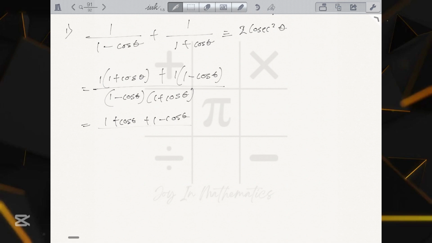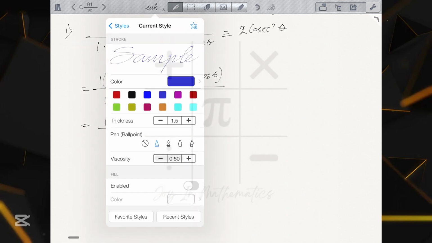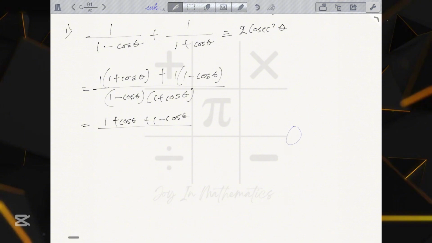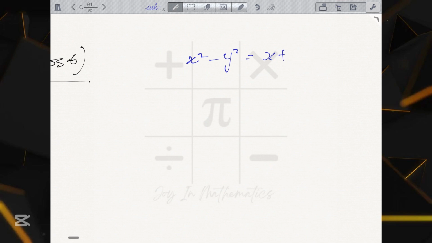And now let's simplify the denominator. Now this denominator is 1 minus cos theta, and likewise we have 1 plus cos theta. This should remind us of difference of two squares, where if we have x squared minus y squared, the result will be x plus y multiplied by x minus y.